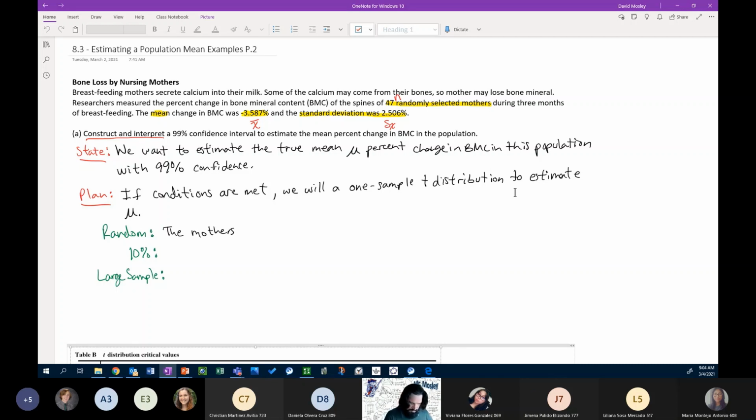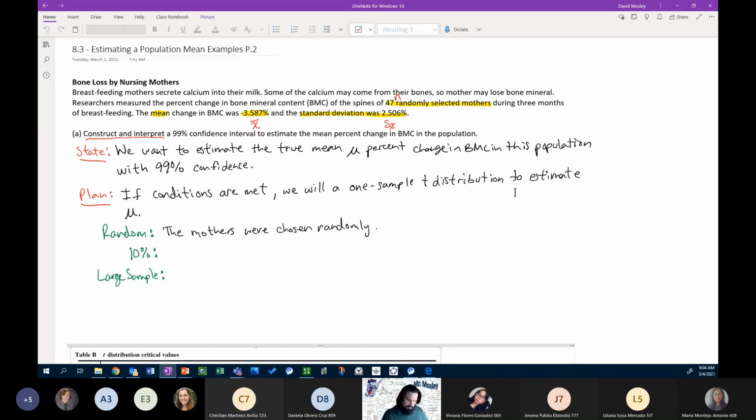All right, and the mothers were chosen randomly. So we're good. That's really all we have to say here. In the context, we were told that the 47 randomly selected mothers. That's all we need.